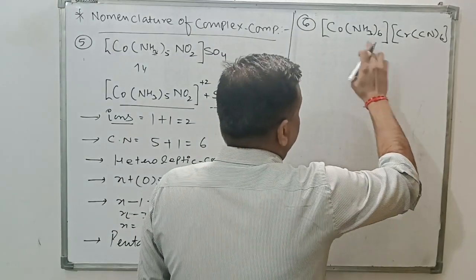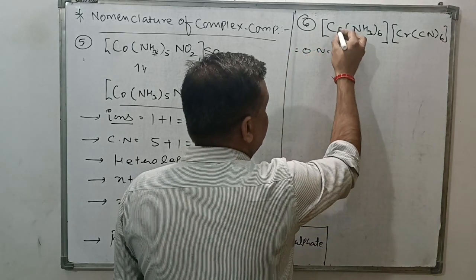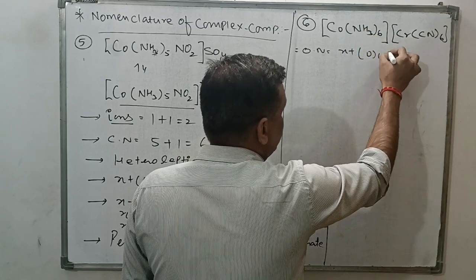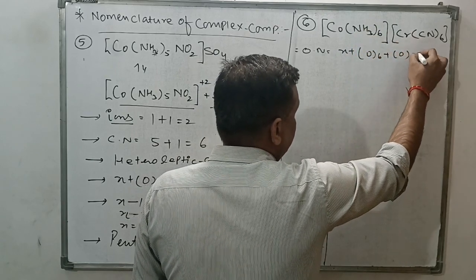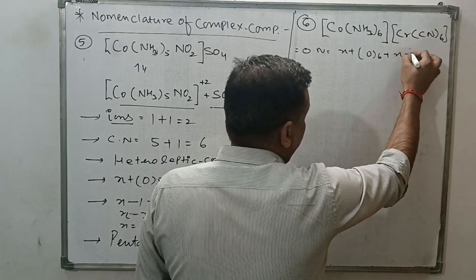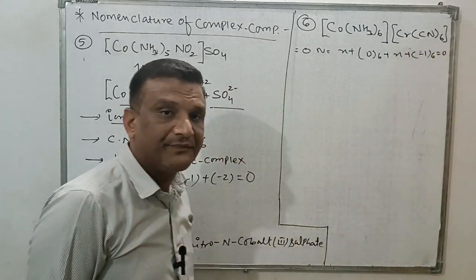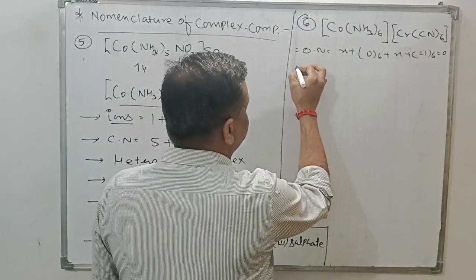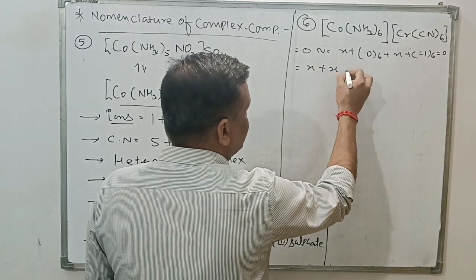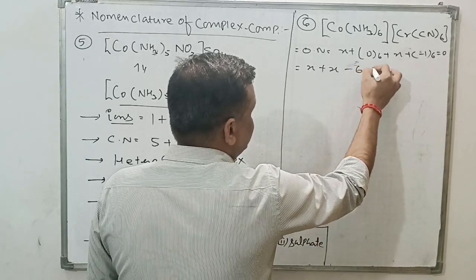First of all, we'll go with the oxidation state. Cobalt will be x, NH3 will be 0. Cr will be x because it's a metal, and CN is minus 1 to the power 6 equals 0. So x plus 0, plus x minus 6 equals 0.